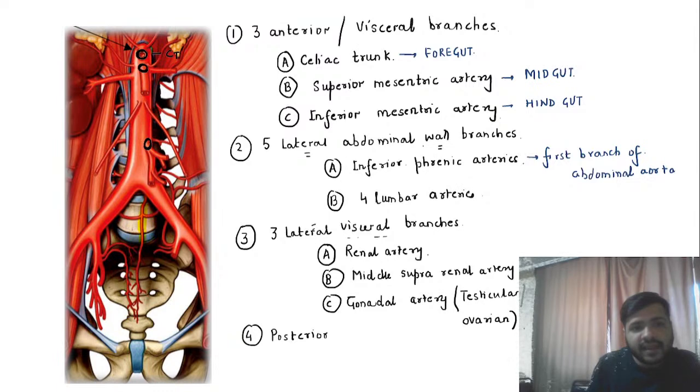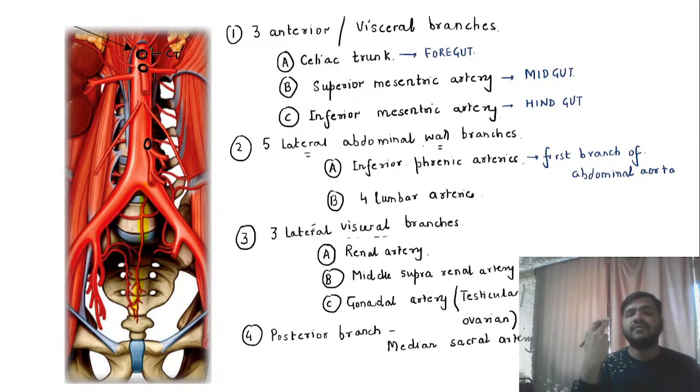That one I'm highlighting over here in the picture. Okay, that is the median sacral artery, guys. That is the median sacral artery that is coming from the back surface of the aorta. So remember, it is the posterior branch and it is the median sacral artery. It is arising from the back surface, तो इसलिए हम posterior branch बोलेंगे.